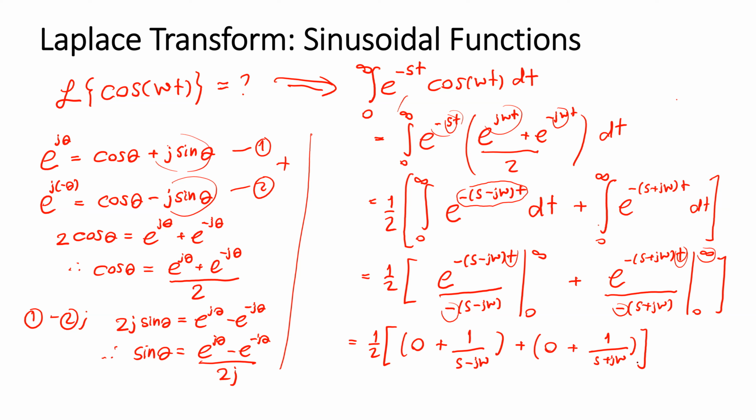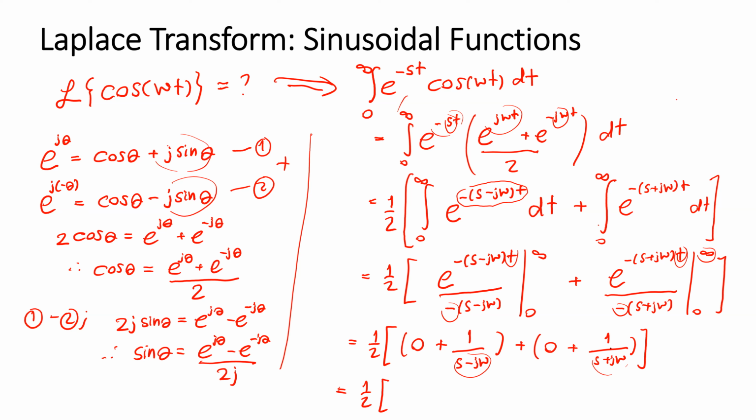Why is it still difficult? Okay. So we have different denominators, right?